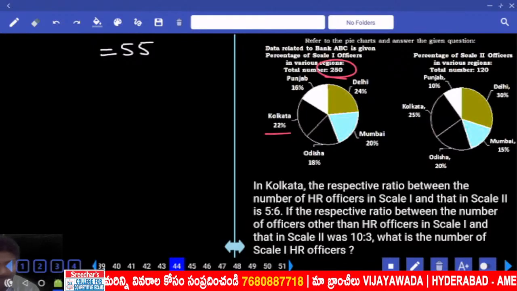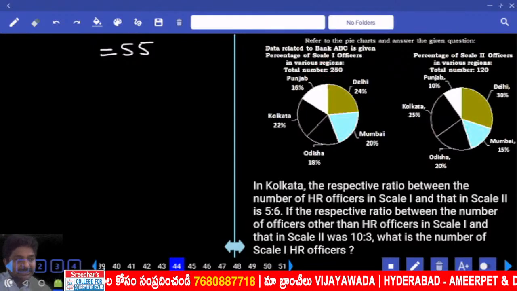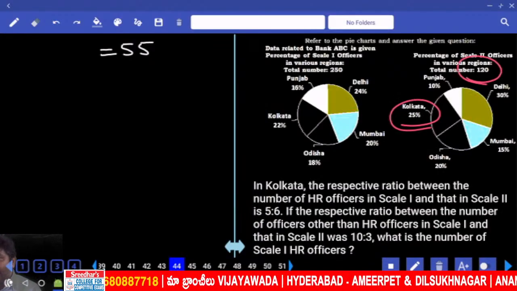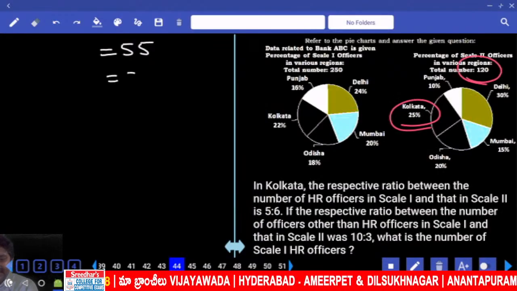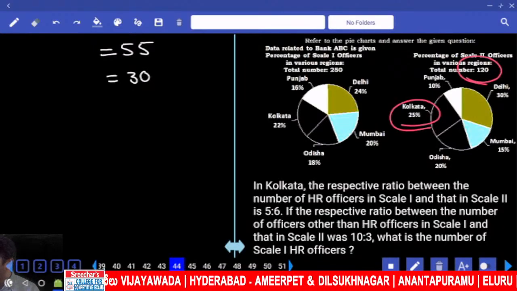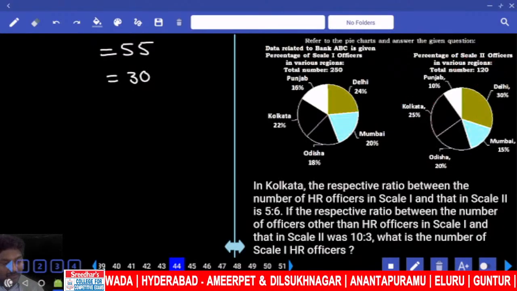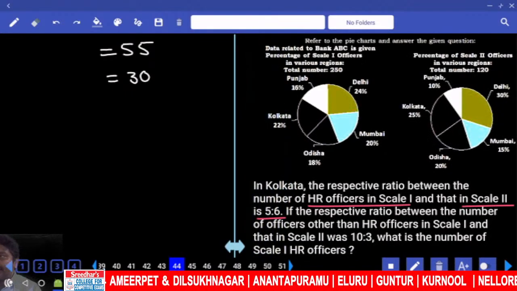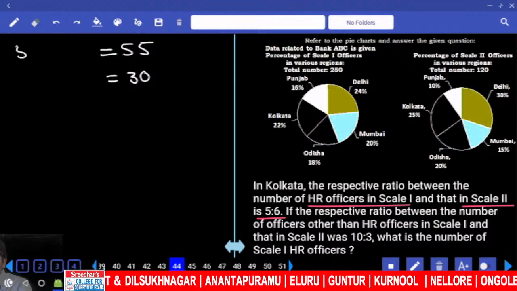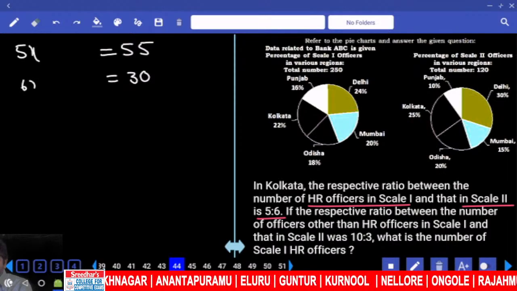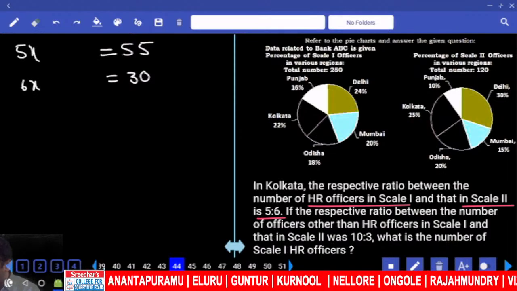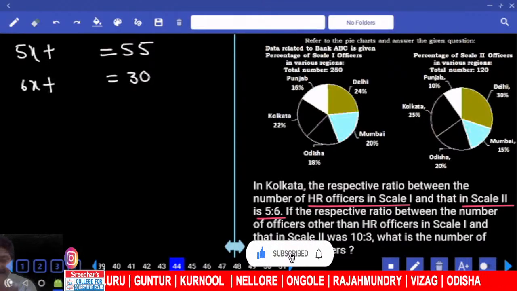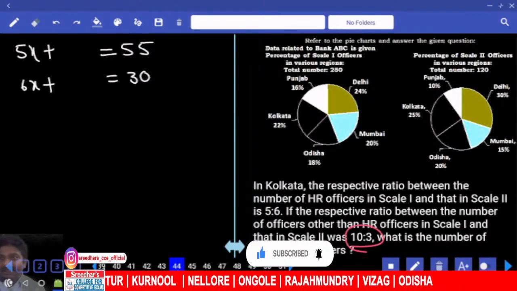You understand? Kolkata, 25% scale 2 officers are there. 25%, 1/4, which is equal to 30. Now, HR officers in scale 1 and scale 2 are in the ratio 5:6. 5x, 6x, scale 1, scale 2. Got it? HR is done. Other than HR, they are 10:3.